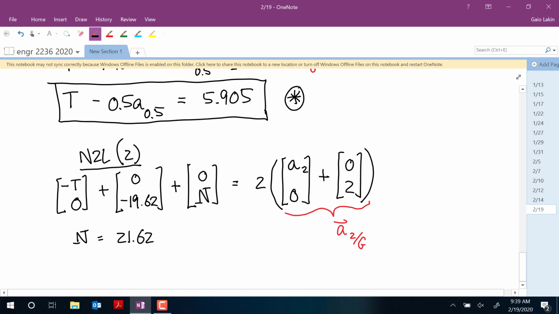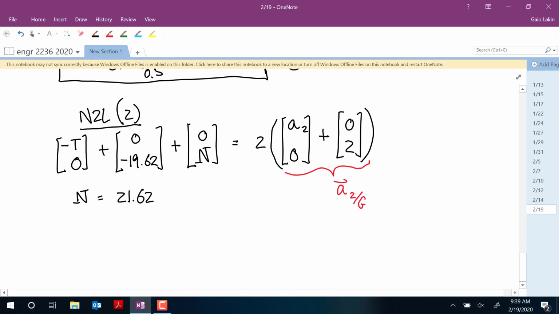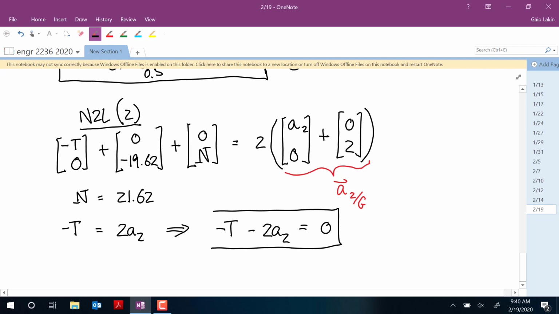That's not going to come into this problem, but you can see that again is consistent with it being as if the weight increased. And then the x equation says negative T is equal to 2 a2 plus 0. So we can write that as negative T minus 2 a2 is equal to 0. That's our second equation.